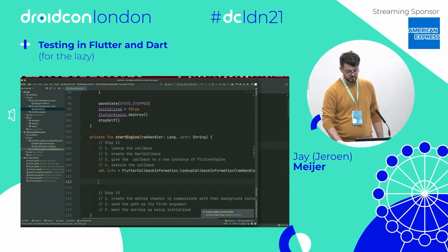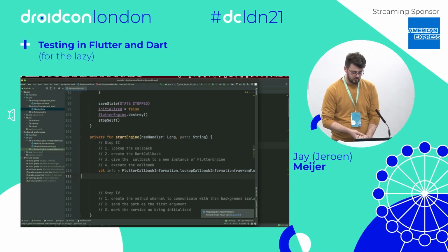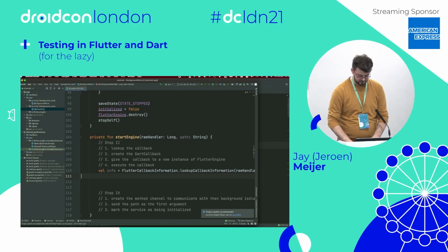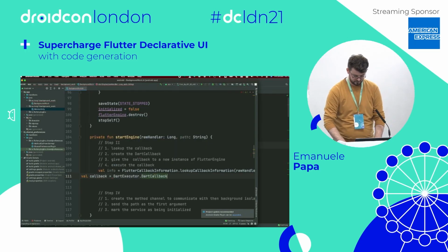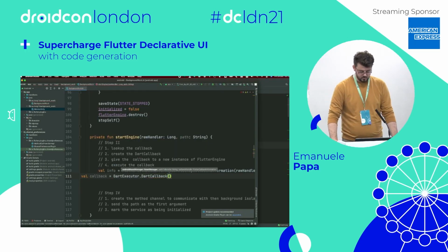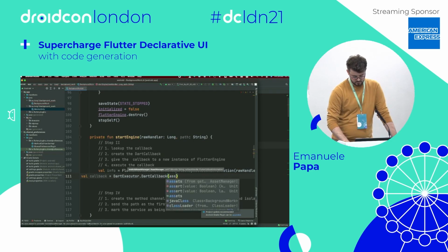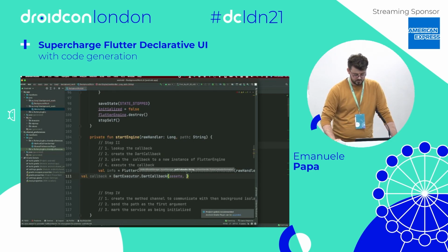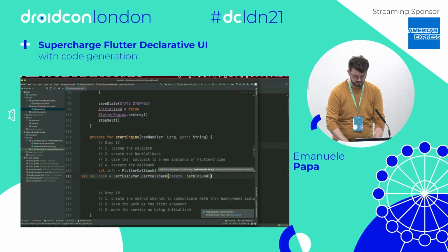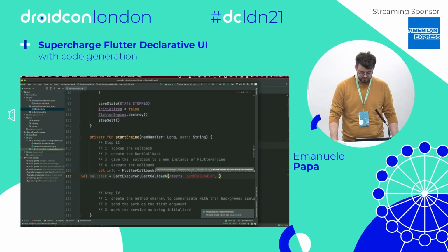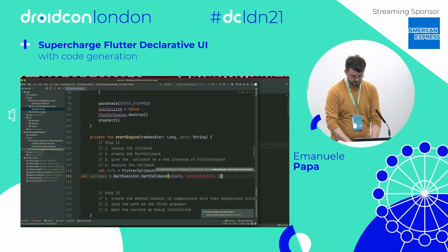Now the second thing that we want to do is to create a Dart callback, which is basically the entry point for the Flutter engine. So it'll be callback. And what this needs is the asset manager from Android. Then we need a path bundle, which is basically where all the assets are saved. And then the callback handler, which is in this case info.